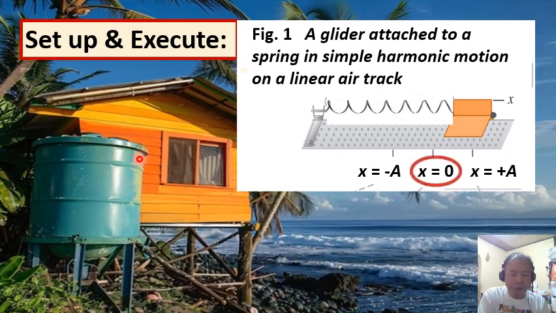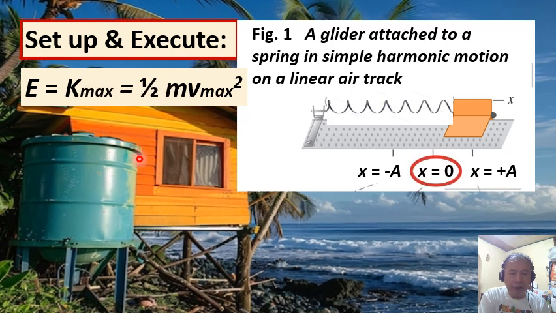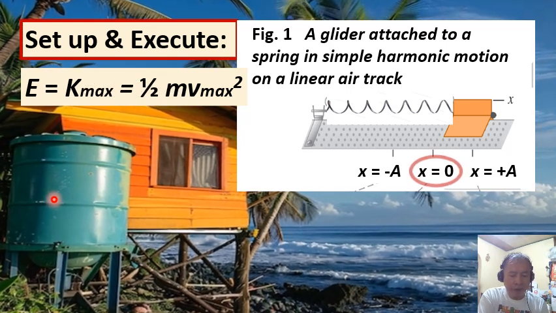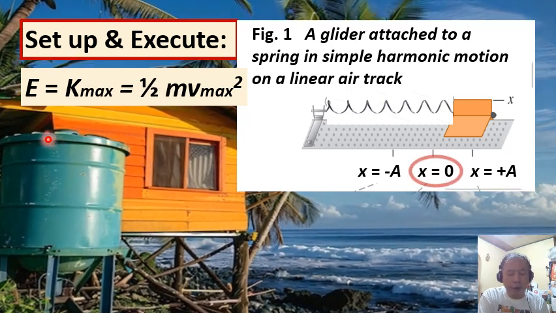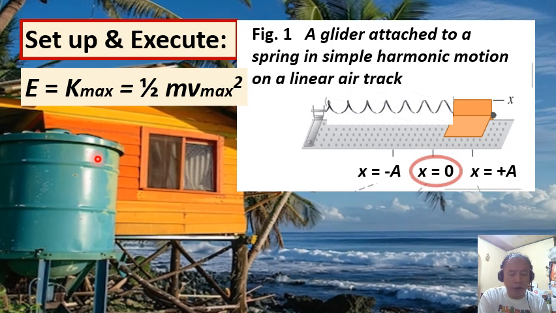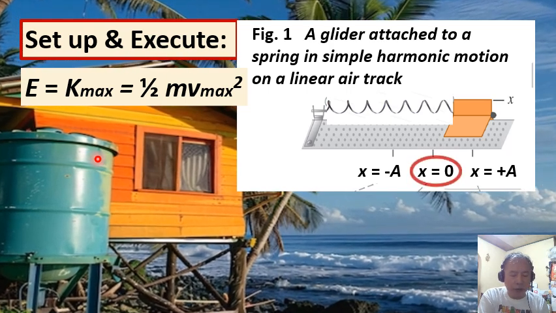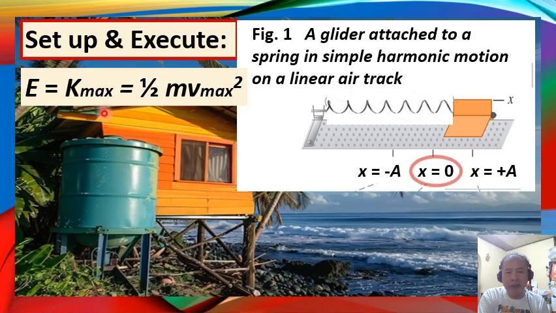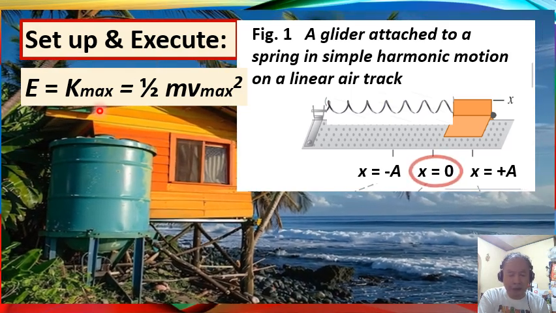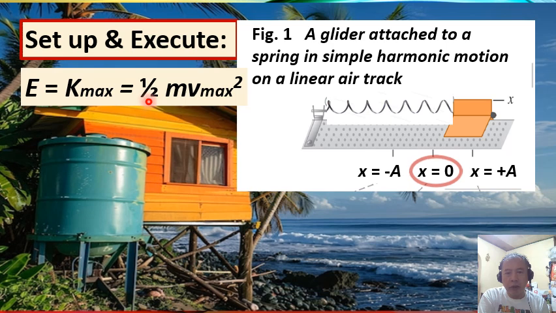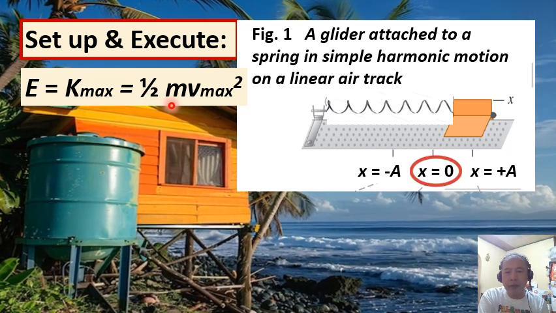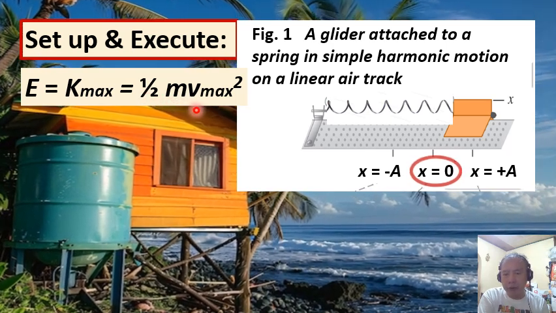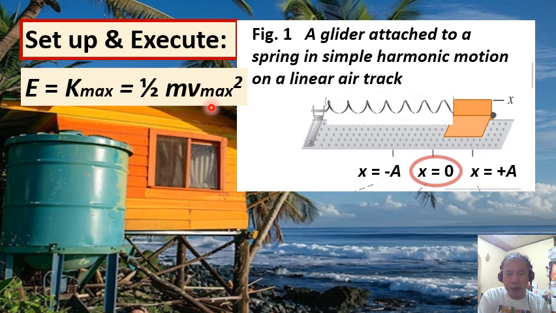Now, the total mechanical energy, denoted by capital E, according to the question is equal to the maximum kinetic energy. Kinetic energy here is denoted by capital K, or that is 1/2 the mass of the glider times the square of its maximum speed.